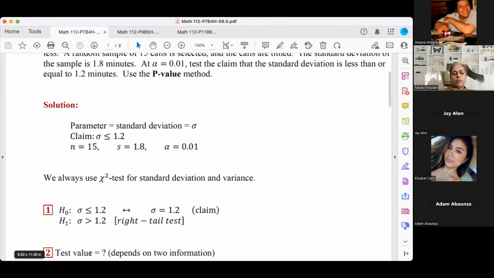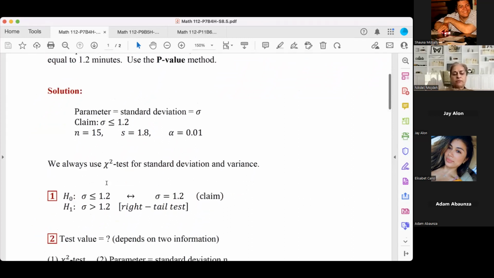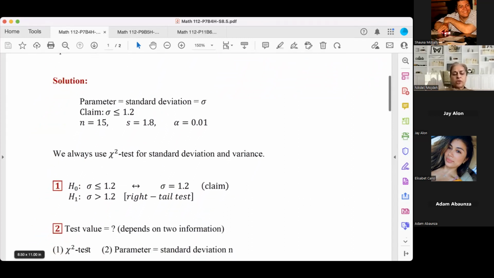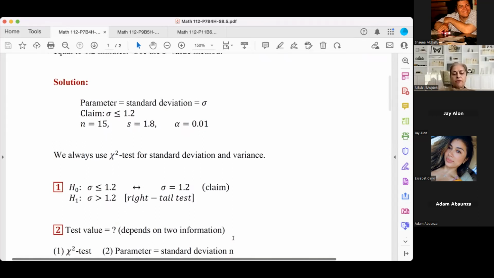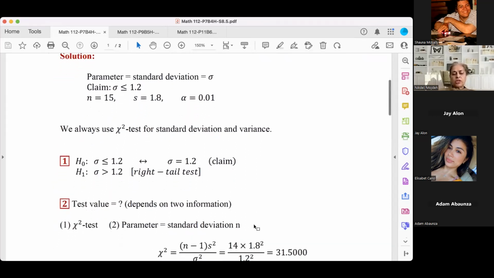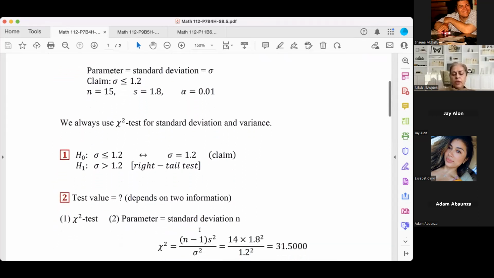Your test value depends on the parameter, which is the standard deviation, and your chi-square test. From the formula sheet, this is your test value formula: chi-square is n minus 1 times s squared over sigma squared.